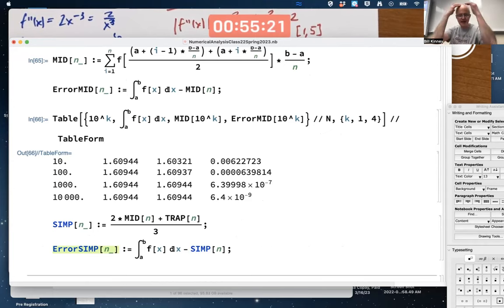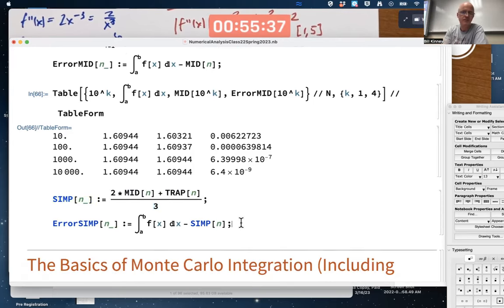And they generally have the opposite signs, not always, but generally. And so by doing this kind of weighted average and dividing by 3, it's like we're adding midpoint twice and trapezoid once, dividing by those 3 numbers. This should be the best approximation of all.